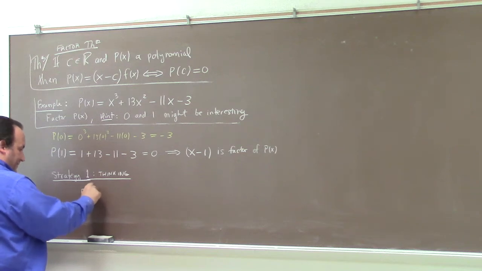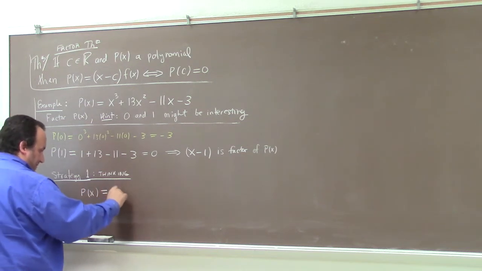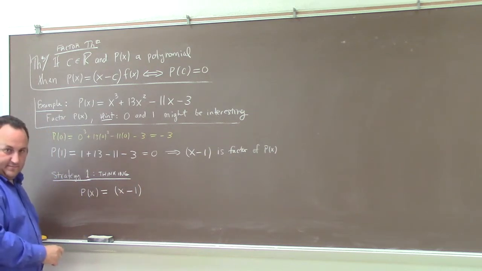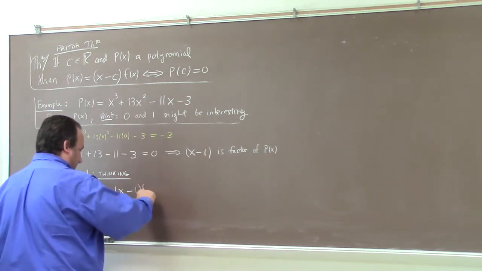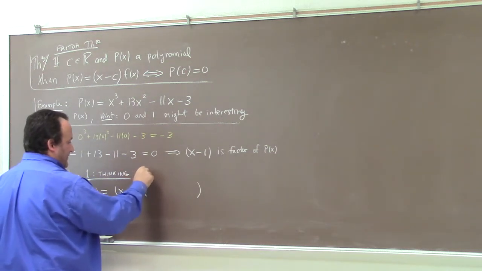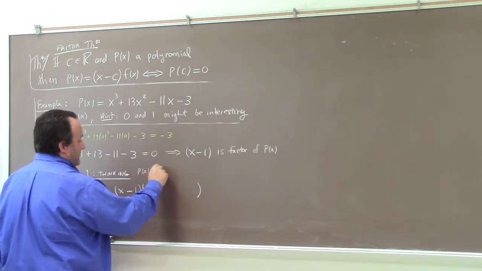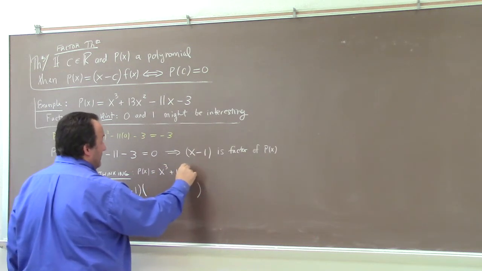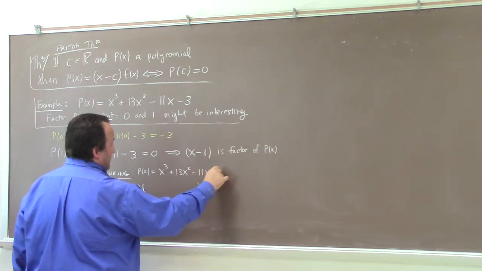Write down what has to happen. P of x is x minus 1, a factor by the factor theorem, times something. I'll write P of x here so it's closer: x to the third plus 13x squared minus 11x minus 3.